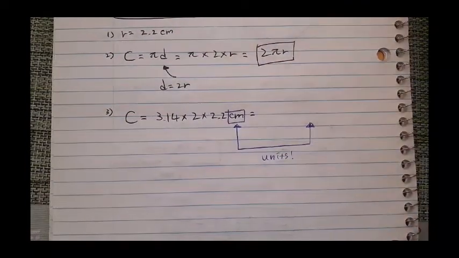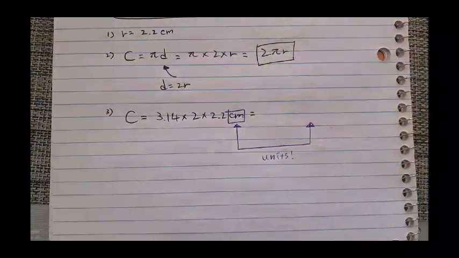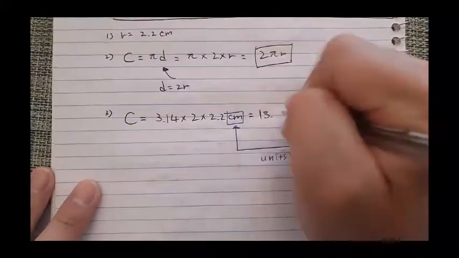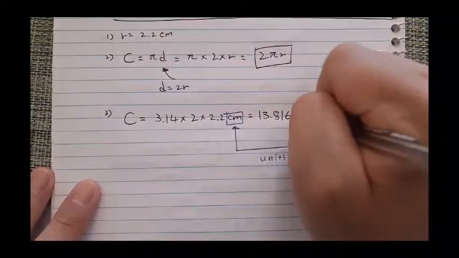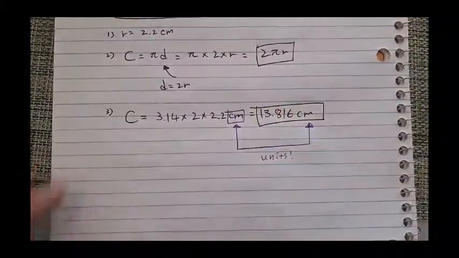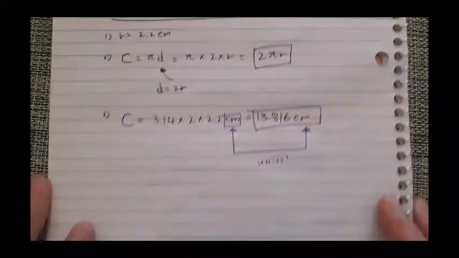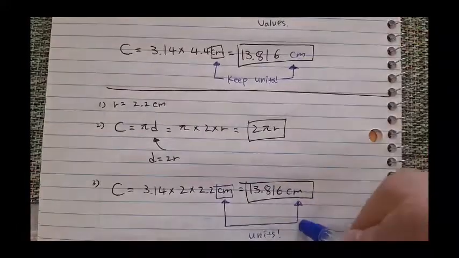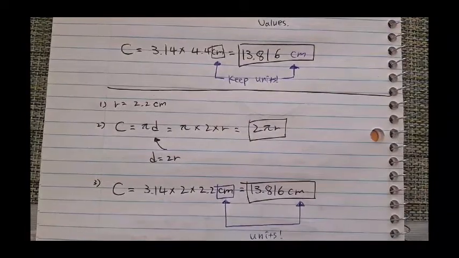So now 3.14 times 2 times 2.2 is equal to 13.816 centimeters. So you have basically the same answer, which doesn't surprise you. It's the circumference of the same circle, so you should basically follow that.